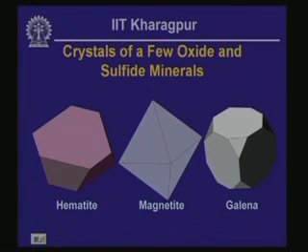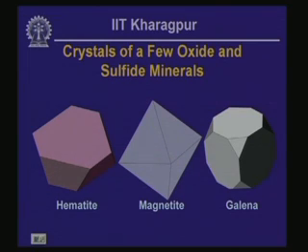Okay. Now, this slide shows a few examples of unit crystals of oxide and sulfide minerals. Hematite we discussed, it's an oxide mineral, and its unit crystal is shown on the left.